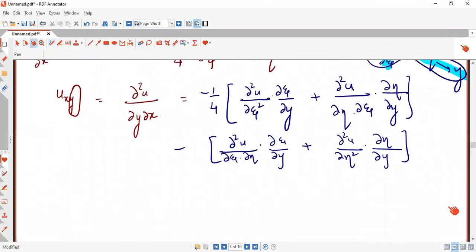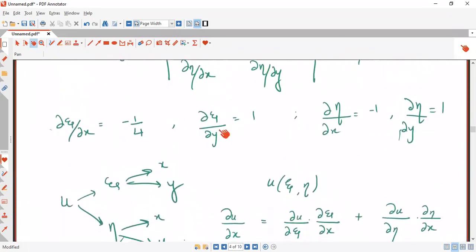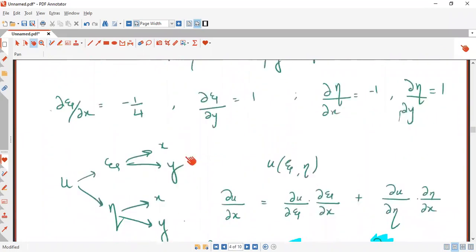Solve it. uxy, see what you're getting. ∂ξ/∂y is 1, ∂η/∂y is 1. Both are 1.